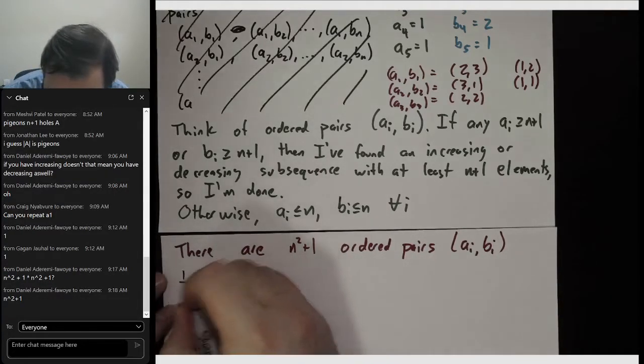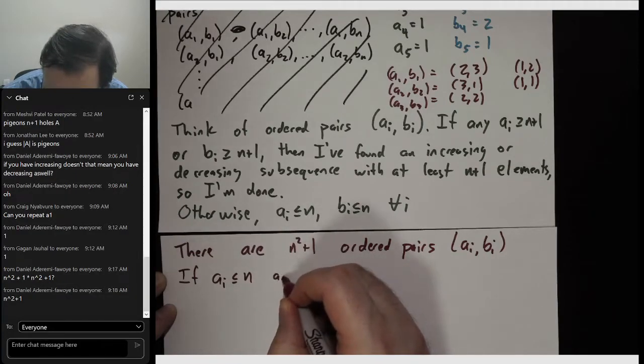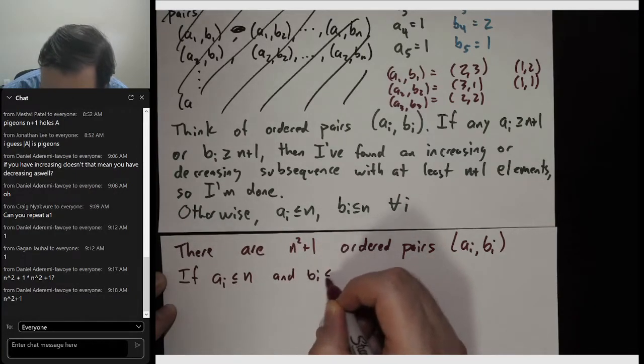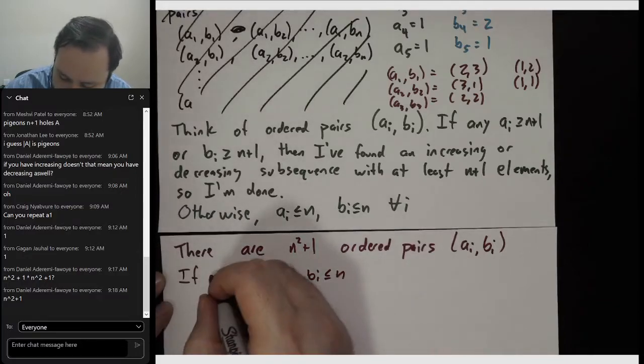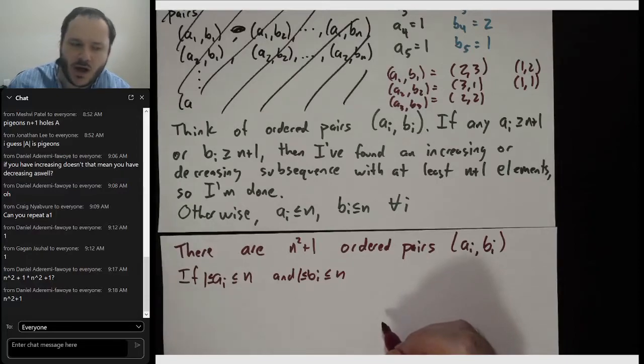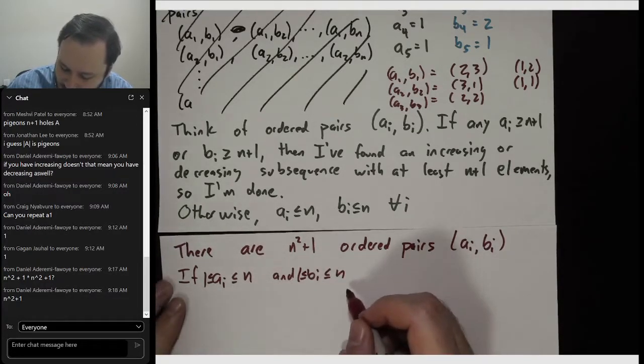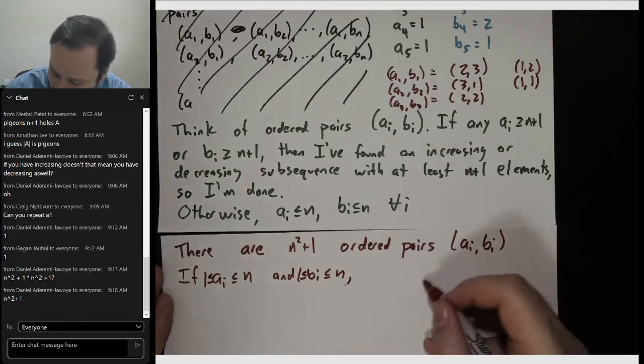If a sub i is less than or equal to n, and b sub i is less than or equal to n, and they're both at least 1, because I can always take a 1 element subsequence, just the element all by itself, how many different ordered pairs are possible?